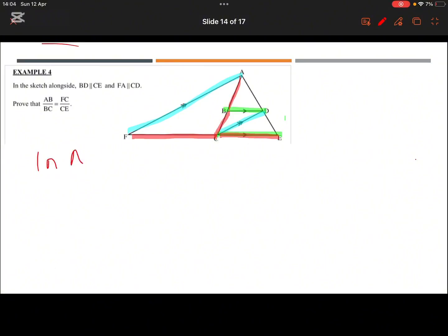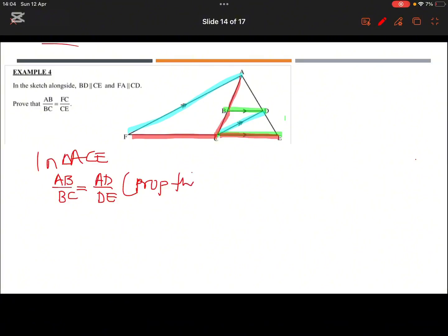Okay. So now, in triangle ACE, we know that based on that triangle, AB divided by BC is equal to AD divided by DE.